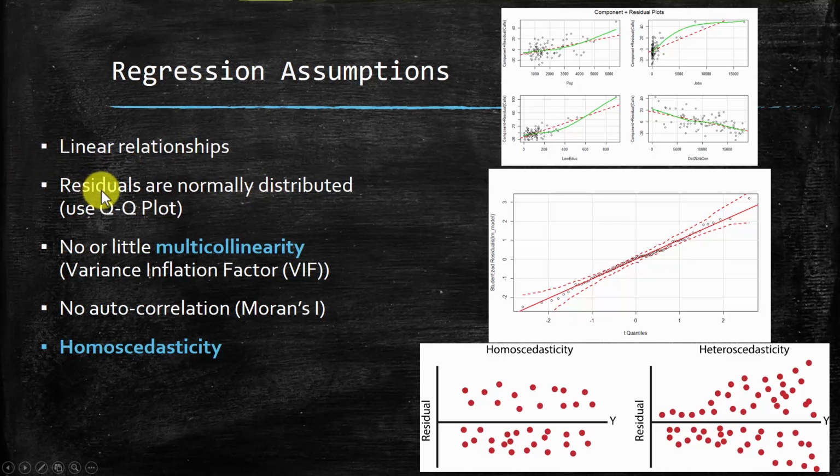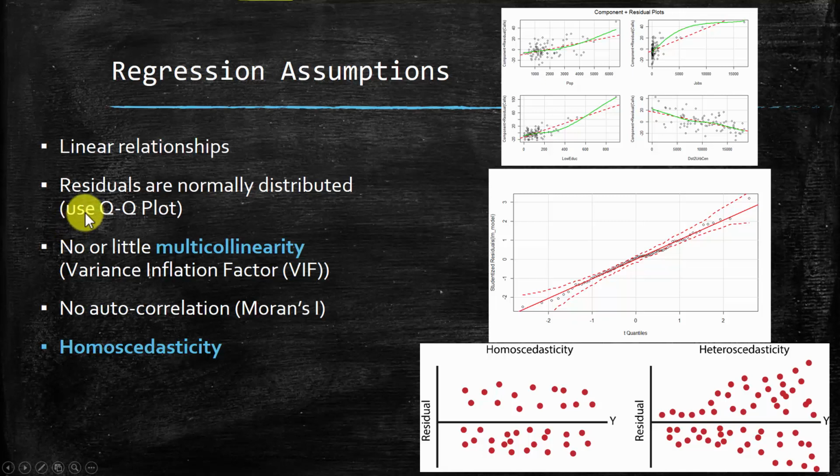Another assumption is that the residuals are normally distributed. This can be assessed using the QQ plot. The error or residual term should show roughly normal distribution. If they don't, that indicates that your model is biased in some way.